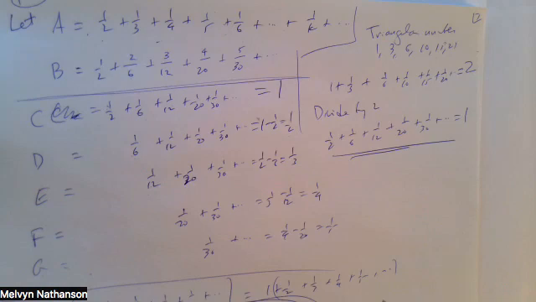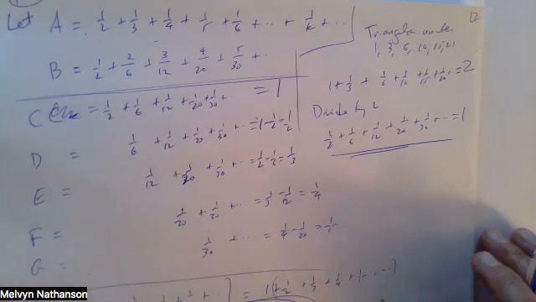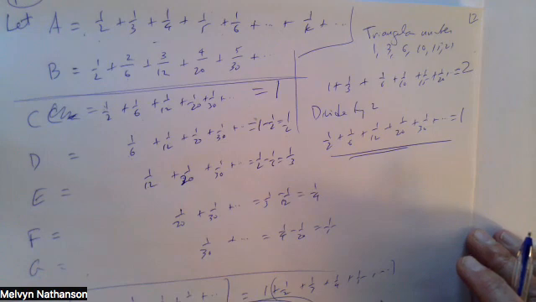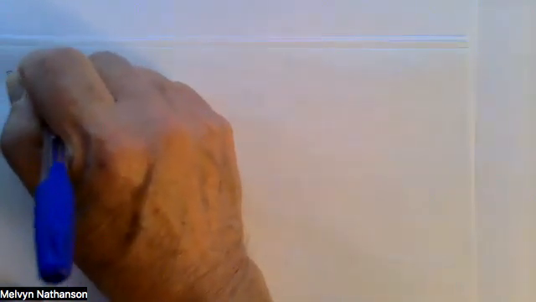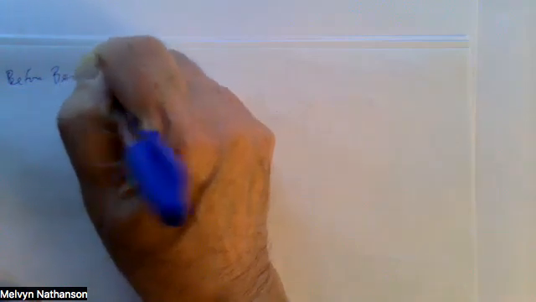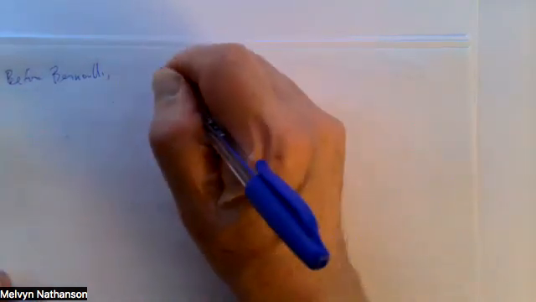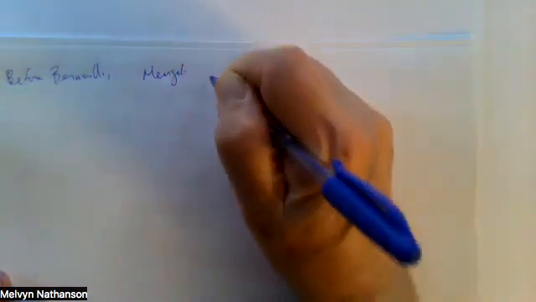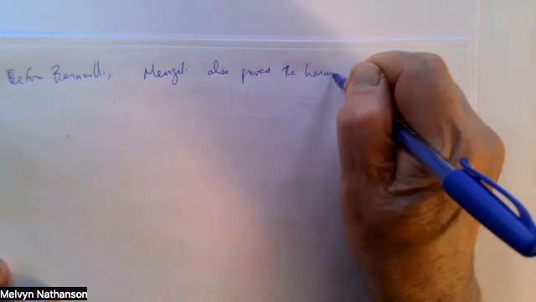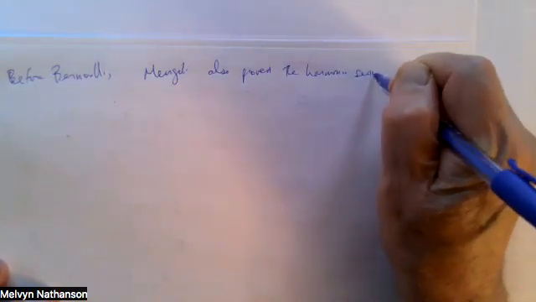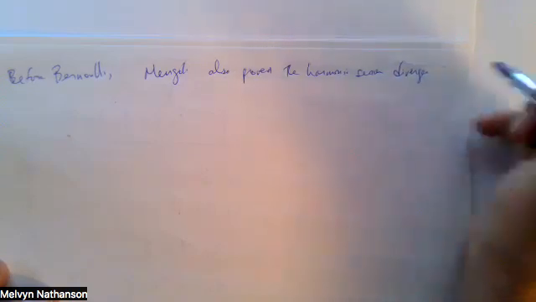And not only proved previously, but proved previously and in different ways by different people. So before Bernoulli, an Italian mathematician named Mengoli also proved the harmonic series diverges.